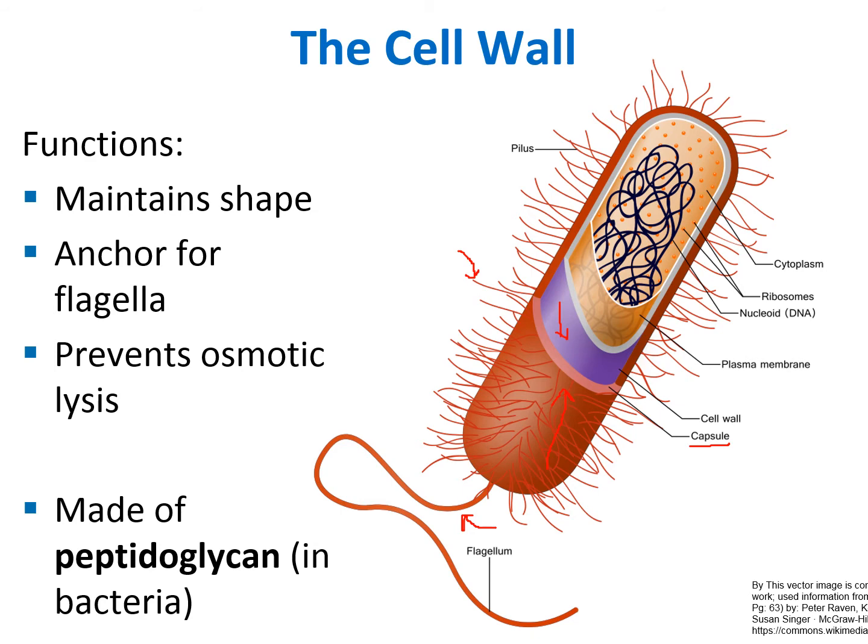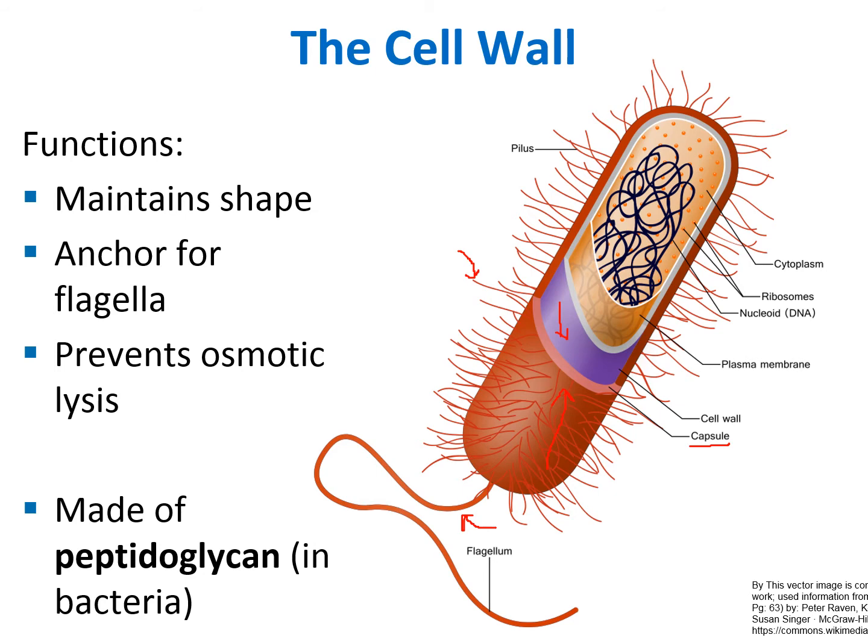Now, without some sort of rigid border surrounding the cell, eventually the cell would just swell and swell and swell and burst, kind of like a water balloon that you put under the faucet and just fill until the balloon can't hold anymore. So the cell wall prevents that bursting due to osmosis.